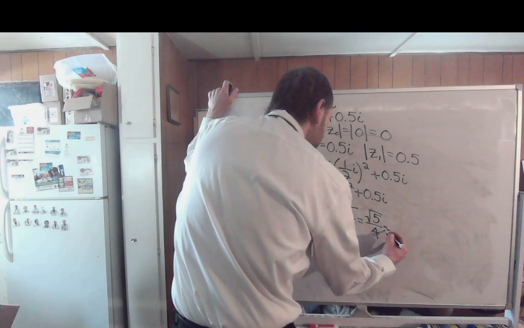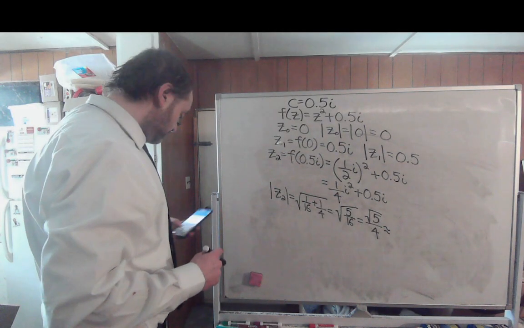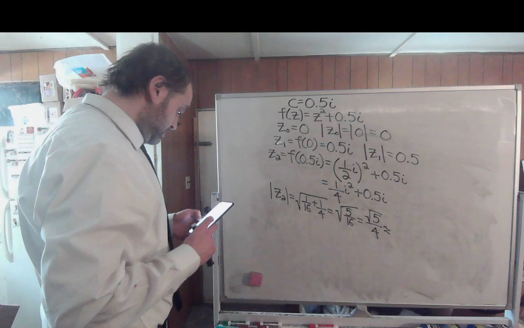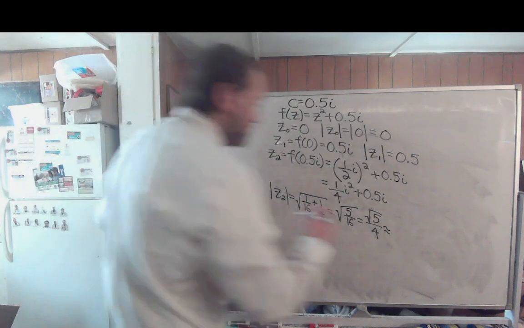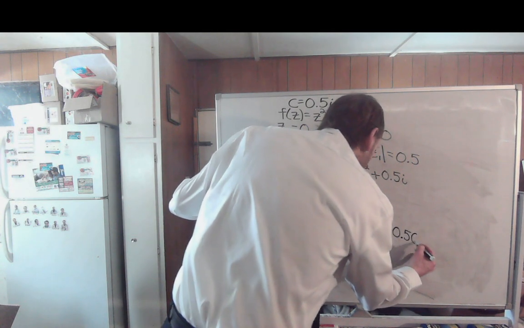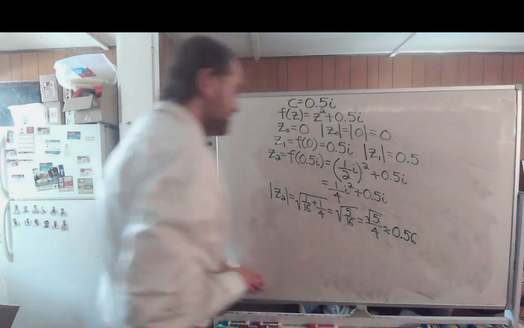Let's see what that's approximately equal to. Approximately equal to 0.56. The absolute value of z sub 2 is approximately equal to 0.56.